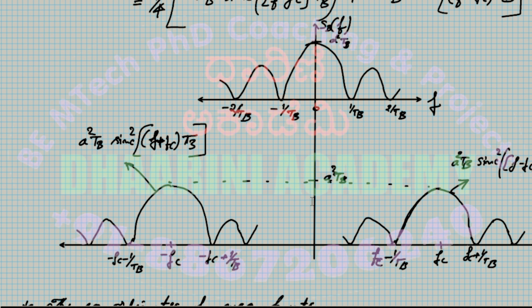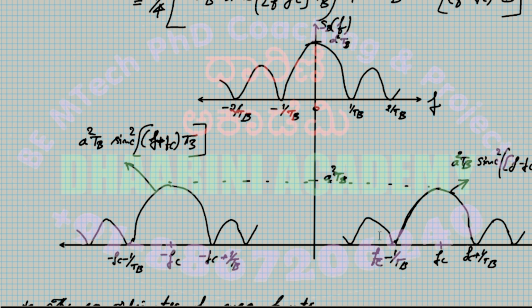First it gets shifted to left by minus fc. Whatever is at 0 will be at minus fc. Whatever is at minus 1 by Tb will go to minus fc minus 1 by Tb, and minus fc plus 1 by Tb and so on. We wrote only a few points here, but we can write other values also.